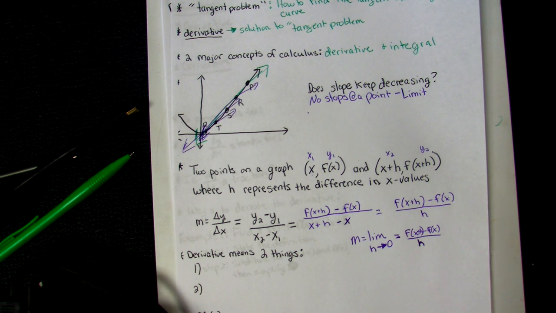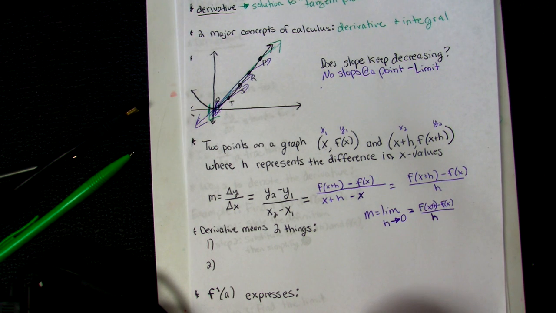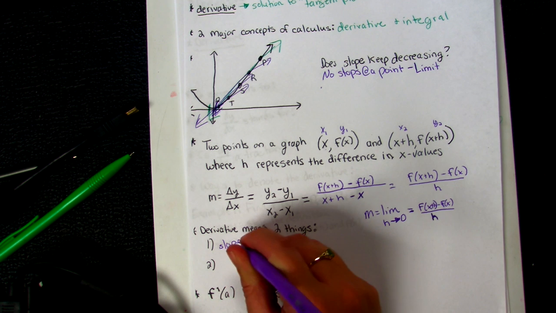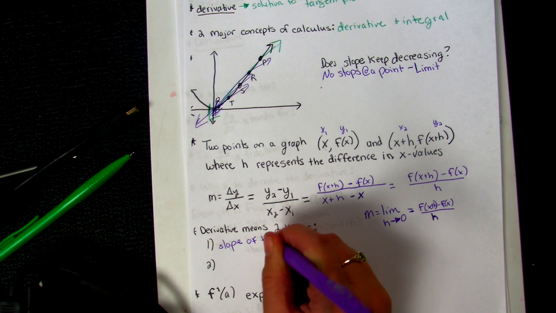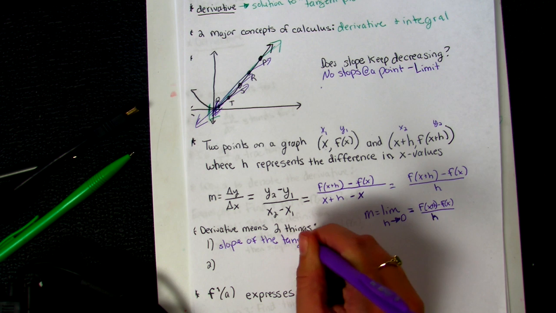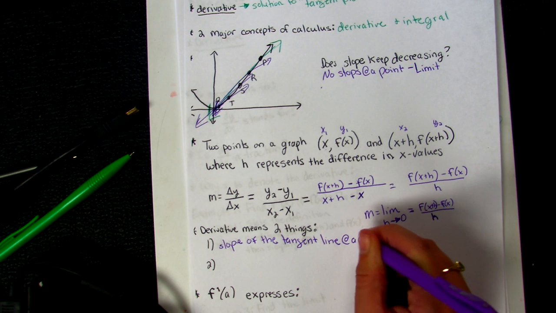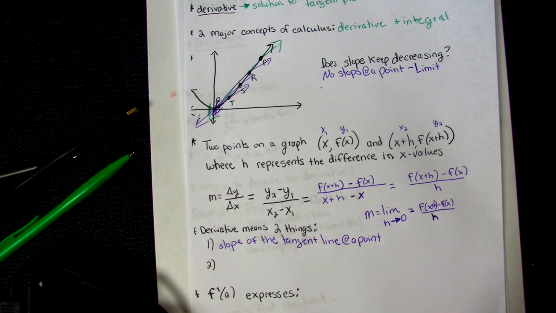So the word derivative actually refers to two different things. It refers to the slope of the tangent line at a point, and it also refers to the slope function.